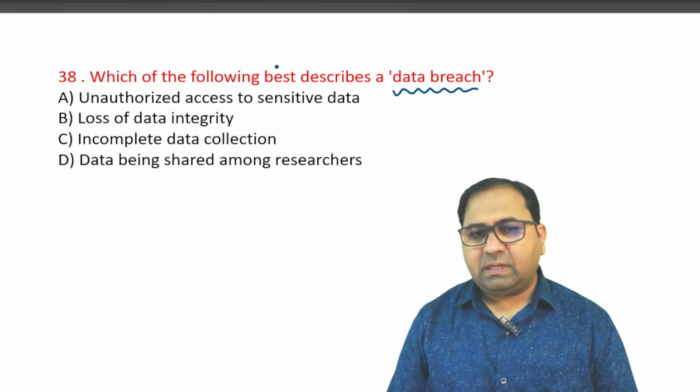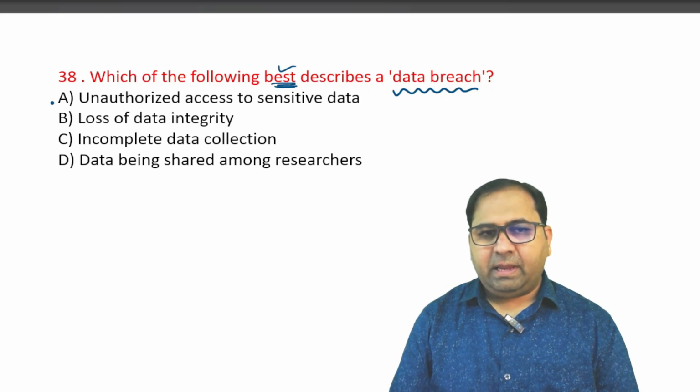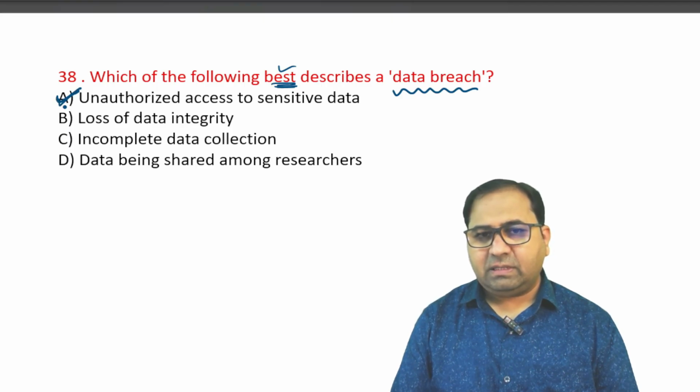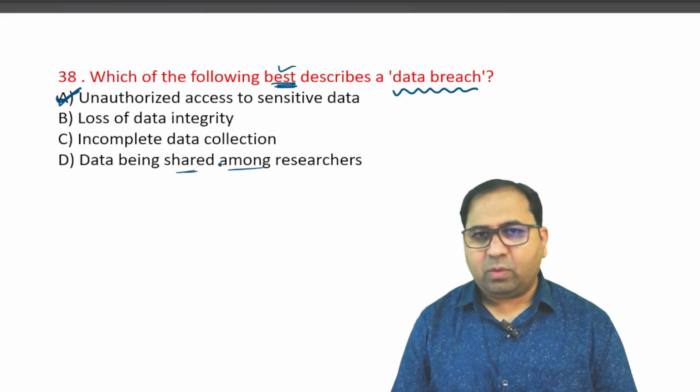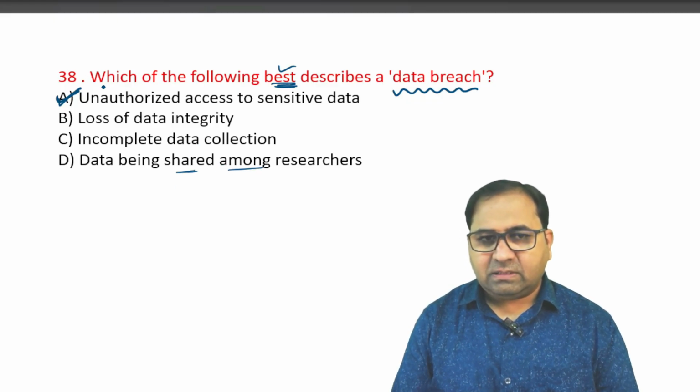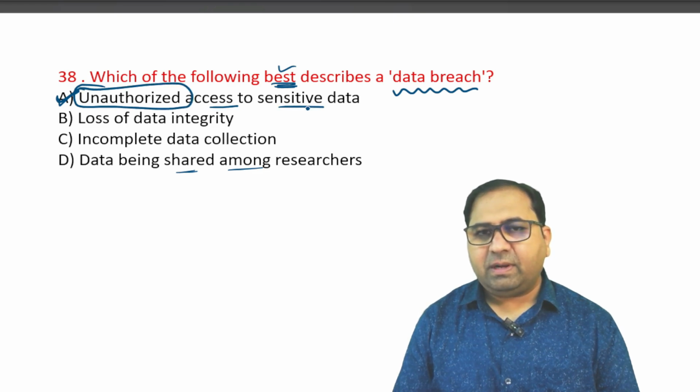The answer is A, unauthorized access to sensitive data is called a data breach. Sometimes you may feel like sharing of data is a data breach. No, unauthorized is the important word. Unauthorized accessibility to sensitive data is breaching.